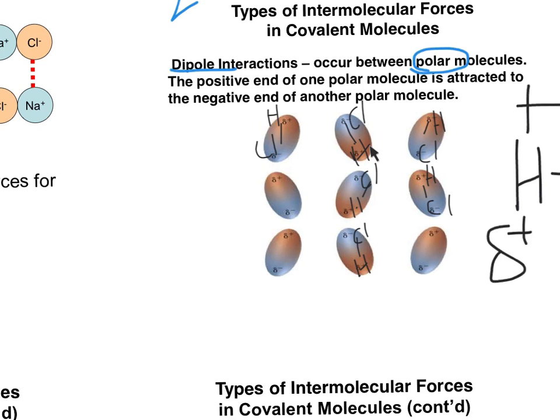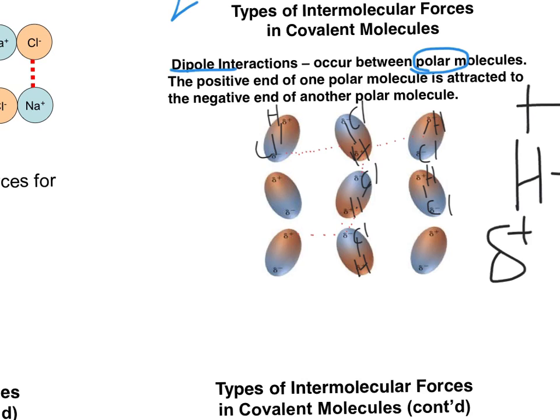And so it's going to be attracted to the partial negative of all of these neighboring molecules. So it's attracted to the partial negative of this one, to the partial negative of this one, the partial negative of this one, and so on. And vice versa. This chlorine, for example, right here is attracted to this hydrogen.